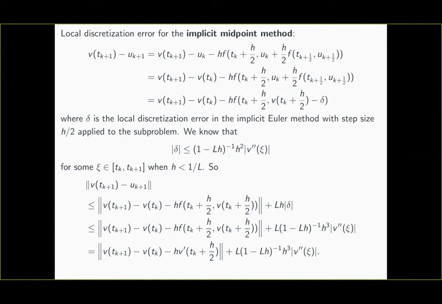We can rewrite the local discretization error as v at time t_k+1 minus v at time t_k minus h times f at t_k plus h over 2, v(t_k plus h over 2) minus delta, where delta is the local discretization error in the implicit Euler method, corresponding to the step size h over 2.